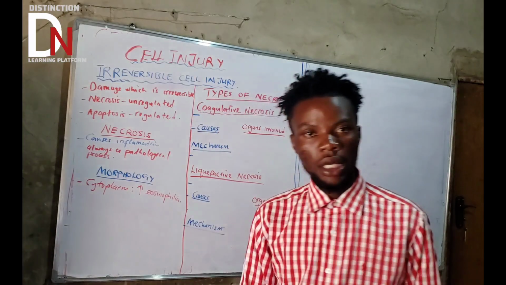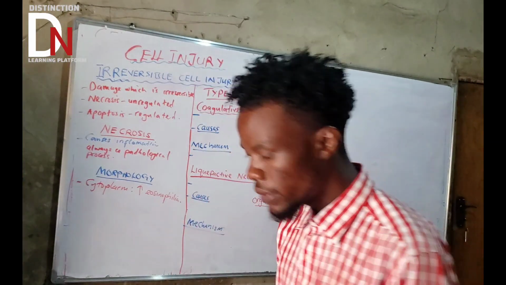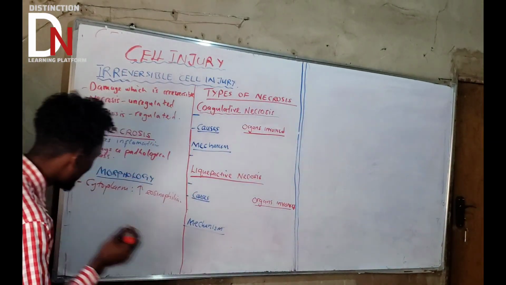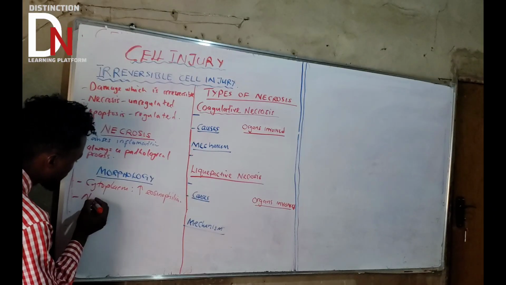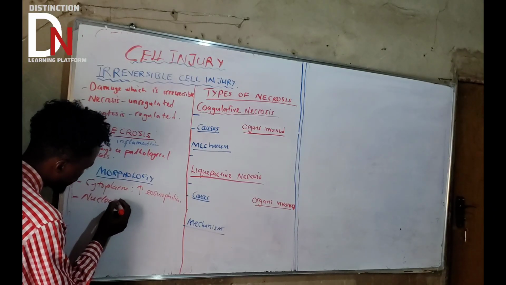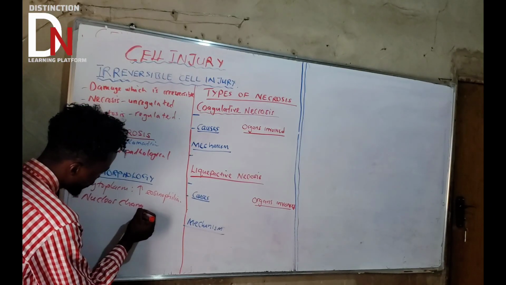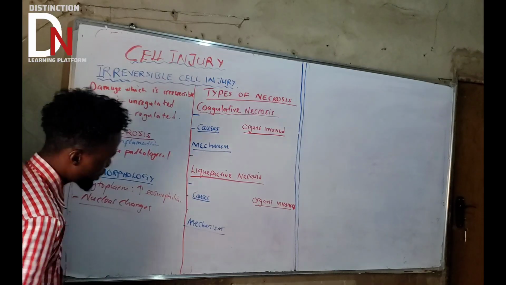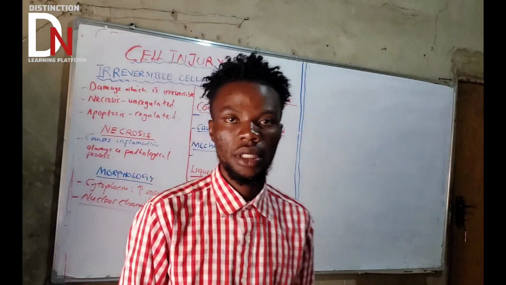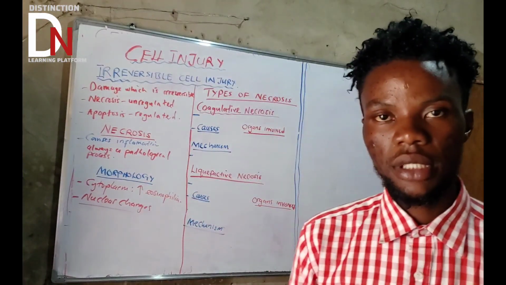Okay, what else? Now let's talk about the nuclear changes. What are those nuclear changes that you're going to see? This is a very, very important part. What is the first thing that you're going to observe?